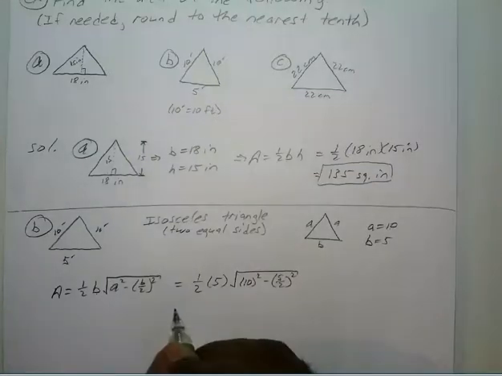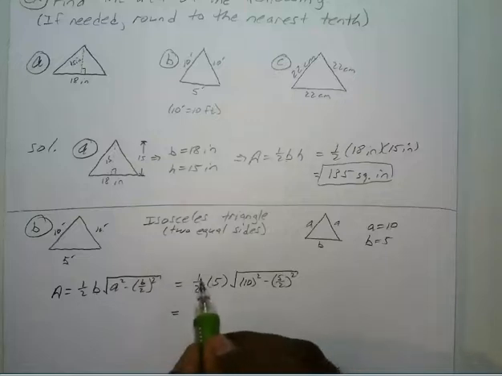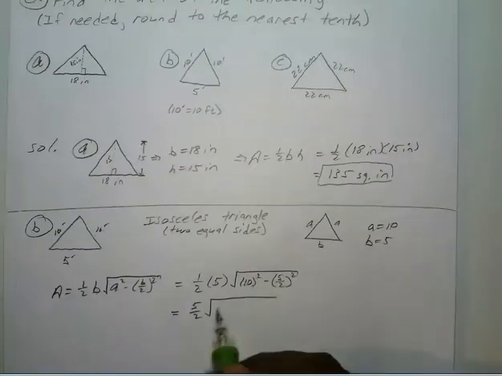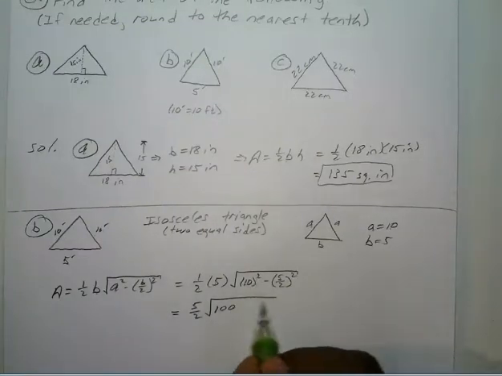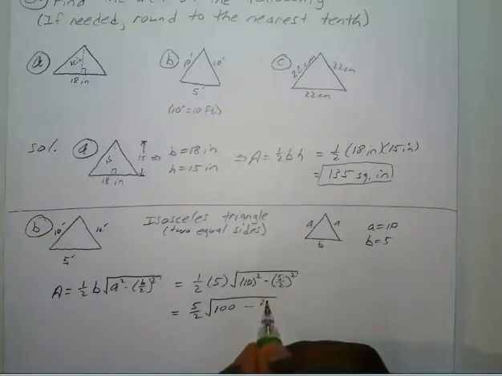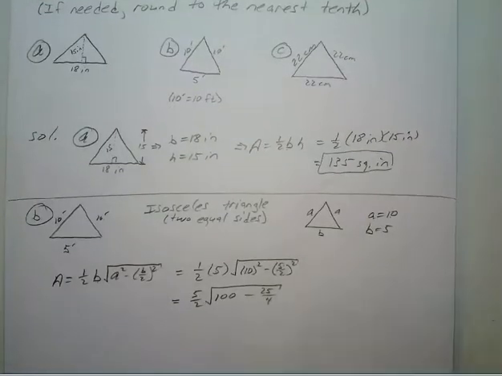All right, so we know this is going to be 1/2 times 5. We can just make that 5 over 2 if we wanted to. Times the square root of 10 squared, which is 10 times 10, so that's 100, minus 5 divided by 2 squared. They have 5 times 5 is 25 over 2 times 2, which is 4. Okay. Now you could just go ahead and plug it into your calculator here, but I'm going to go ahead and finish up manually. Okay, so we have 5 over 2.